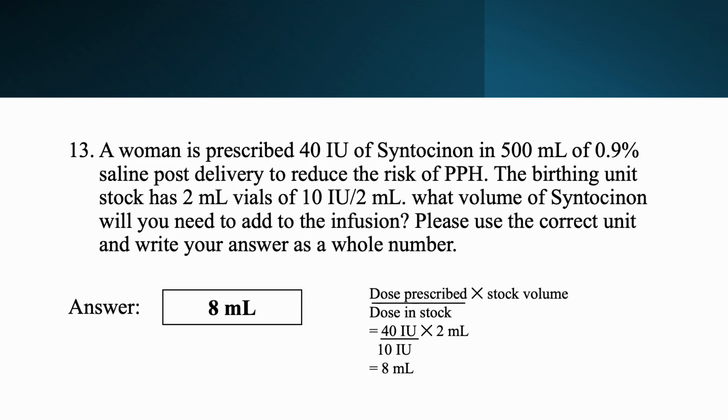So again, use this formula: dose prescribed divided by dose in stock, multiplied by stock volume. Dose prescribed is 40 units, dose in stock is 10 units, and stock volume is 2 ml. So the answer is 8 ml. Put a space after the number, and the m should be small, the L should be capital.